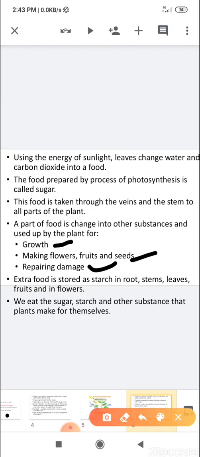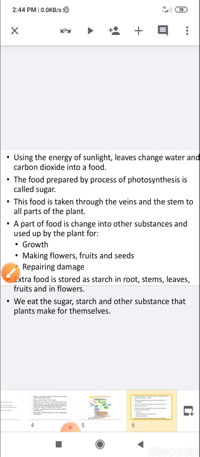When extra food remains, it is stored as starch in the root, stem, leaves, fruits and flowers. So when we eat different types of vegetables like root vegetables, stem vegetables, leaf vegetables, and fruits, we also get the food which is made by the plants.